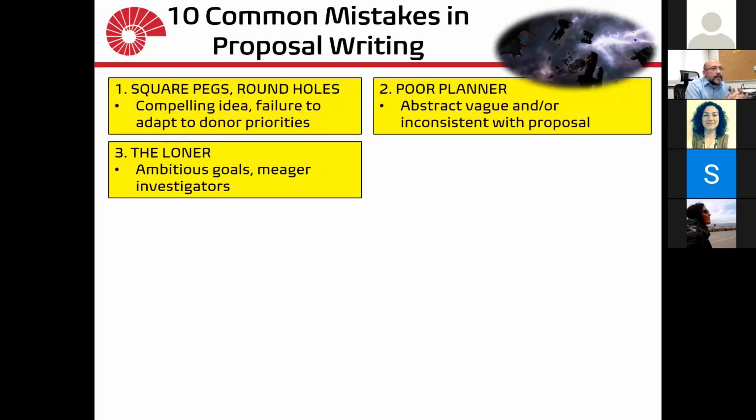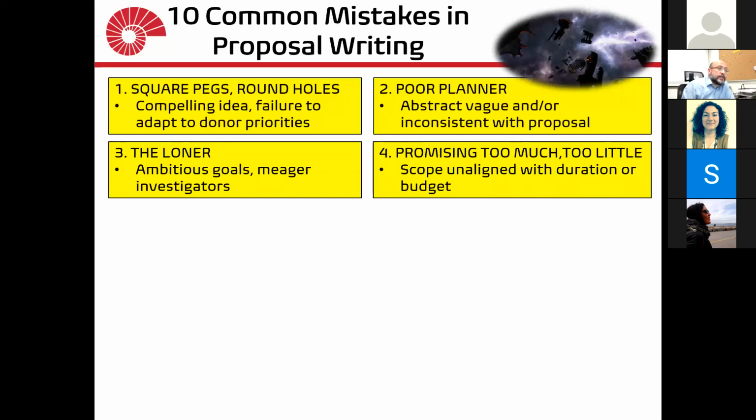And if your goals are very ambitious, that call for collaborations, research relationships, and they require that you have a team, but you don't talk about the necessary staff, necessary human resources in the proposal, then you have a problem there.